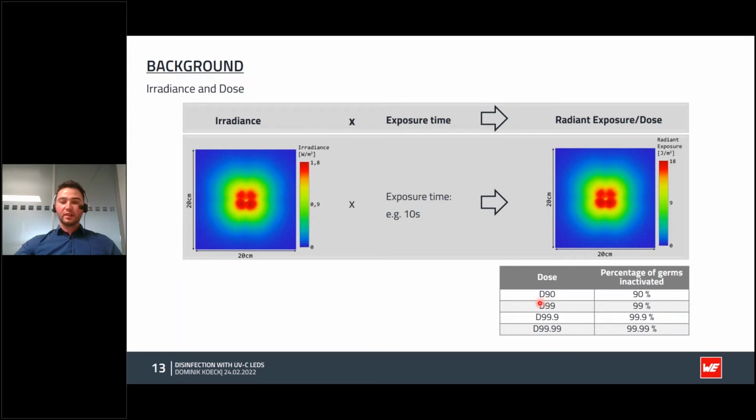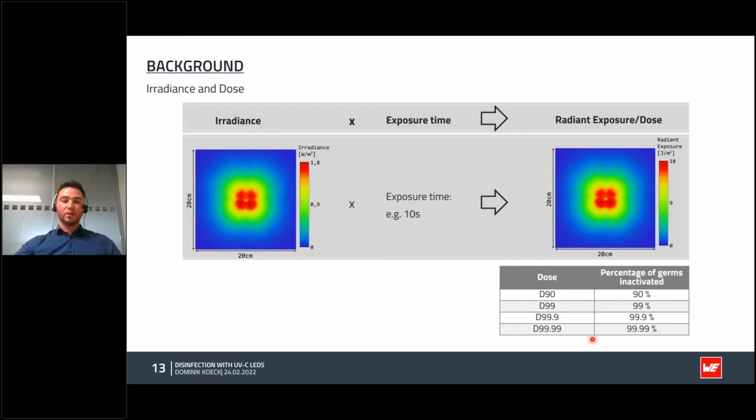So basically, if you have a dose of D90, this means that 90% of the germs are inactivated. And if you have D99, it's 99% of the germs inactivated, so only 1% living, and so on. So depending on where your application is, you will need a different percentage of germ inactivation.